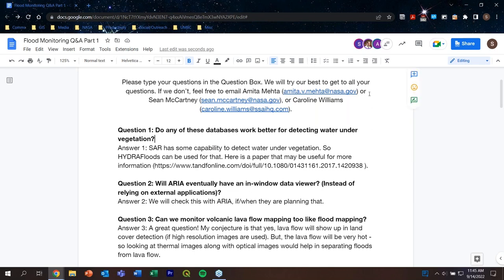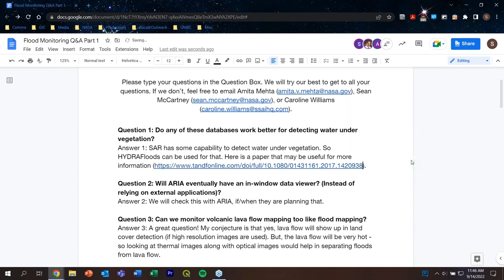Okay, so question one is, do any of these databases work better for detecting water under vegetation? So SAR has the capability to detect water under sparse vegetation, and Hydrafloods, so that can be used in your region, and you may be able to detect flood under vegetation.